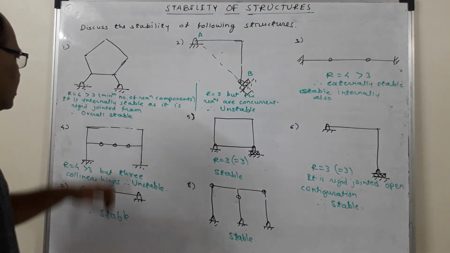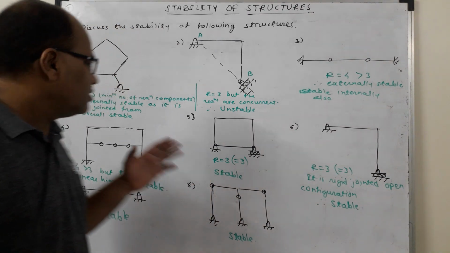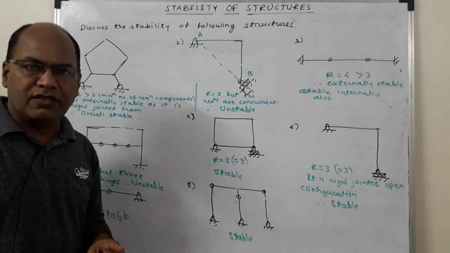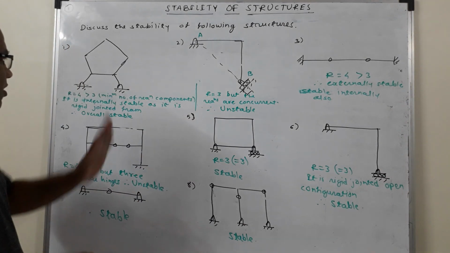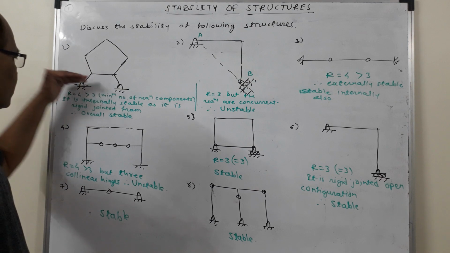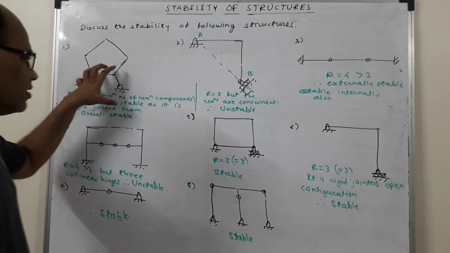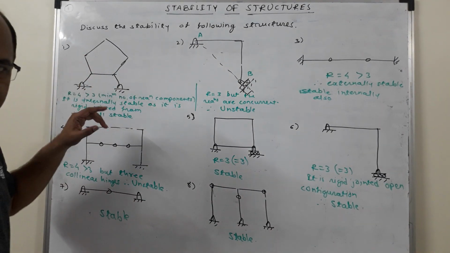So the first condition is served. The second necessary condition is that the reaction components should not be parallel to one another, and they should not be concurrent. This condition also gets served because there are two vertical components and two horizontal components, which means the reactions are non-concurrent, and that is why it is externally stable.